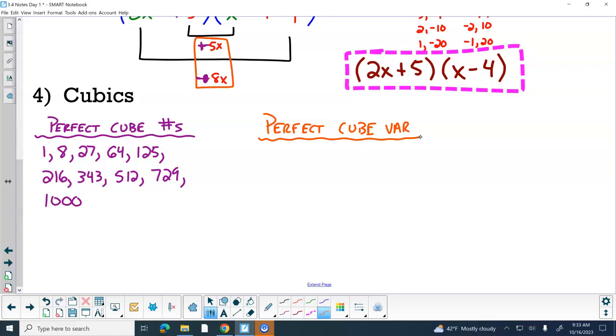Exponents are divisible by 3. And we'll get to that in a minute.